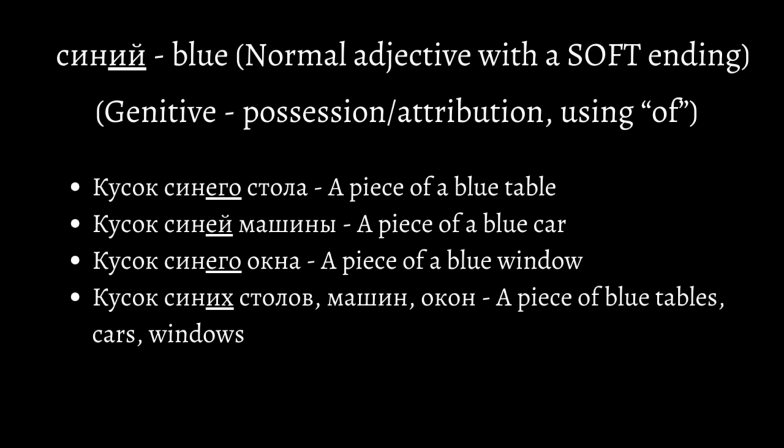Here we have синий in the genitive. Кусок синего стола, кусок синей машины, кусок синего окна, and кусок синих столов, машин, окон. The endings perfectly match the adjectives and nouns because they're all in the genitive.